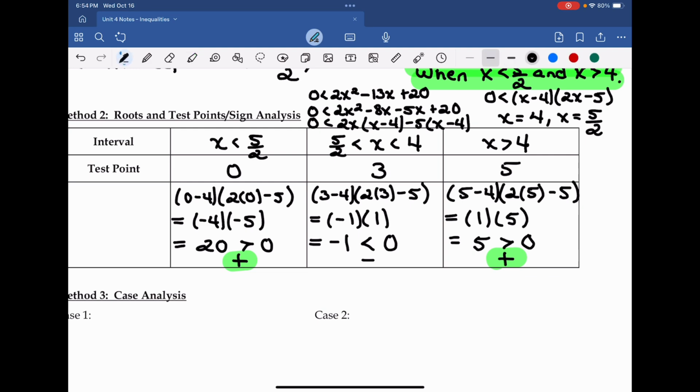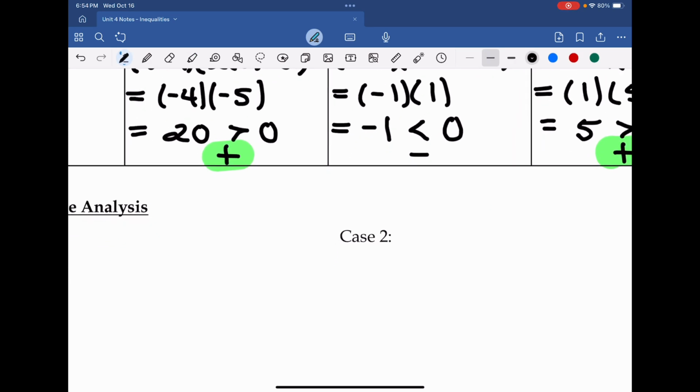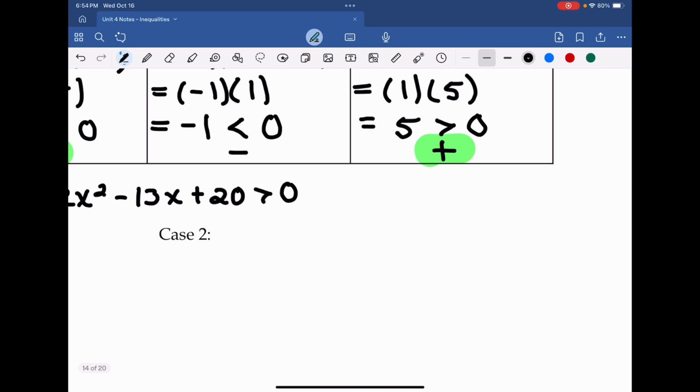Now, how would we describe that as an inequality? We're going to say, therefore, we had an inequality of 2x squared minus 13x plus 20 is greater than 0 when we have the following two cases. When either x was less than 5 over 2, or, and you could even put and here, when x is greater than 4.